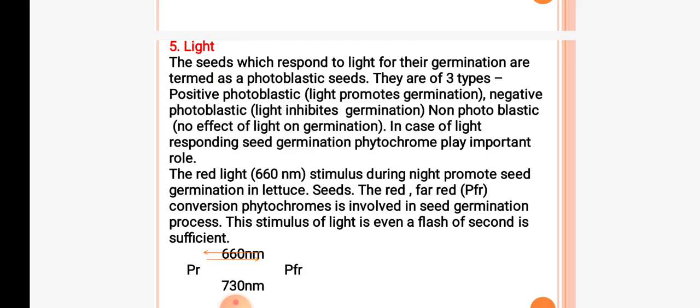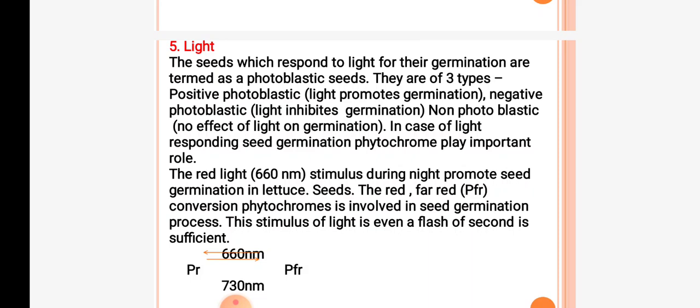So these are the phytochromes, PR and PFR. These two phytochromes get interconverted and are involved in the seed germination process.